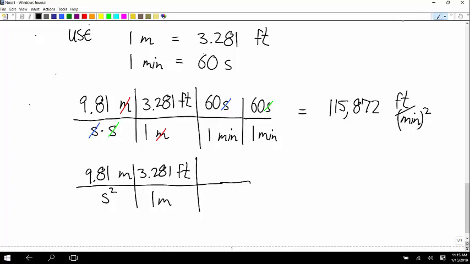Well, they're multiplied together, but yeah, you could think of this as 60 seconds squared over 1 minute squared, and that's the same thing. So whichever one of those you like, use that. But just notice that you have to square that 60. If you don't do that, you get the wrong answer.